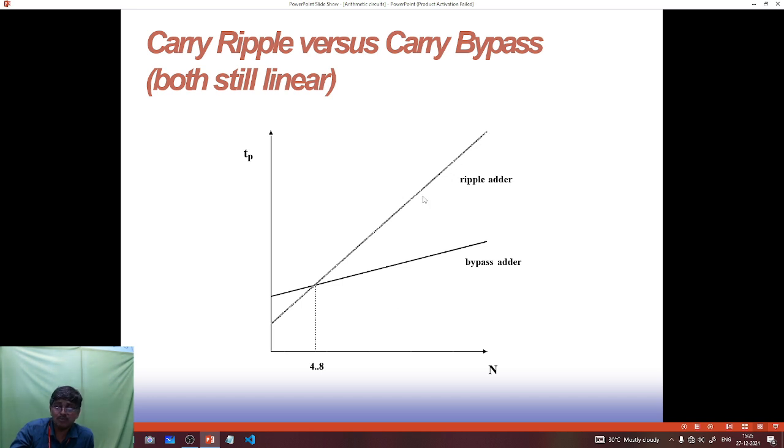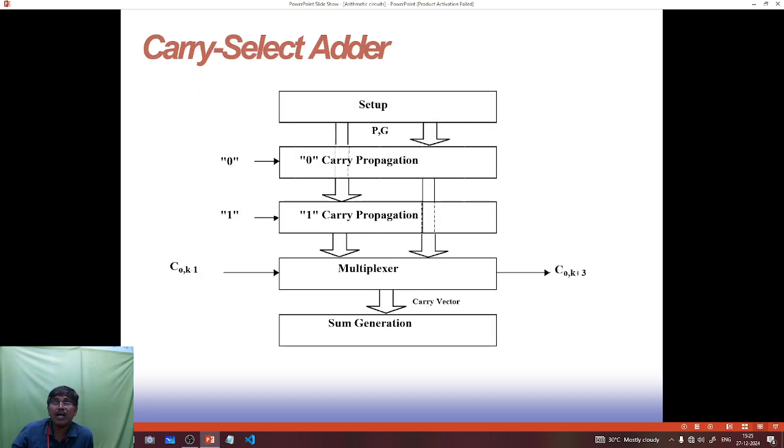We are familiar with this from the previous slides. And the carry select adder. So this is somewhat different. Here there is a setup time, which may be considered as 1 unit, and there is a carry propagation for 0 and one for 1, and a multiplexer and sum generation.